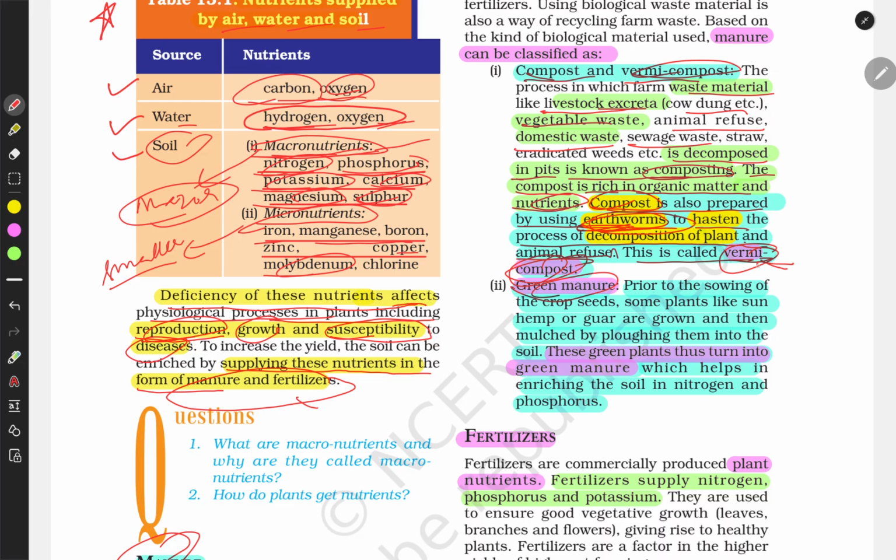Vermicompost contains more nutrition for the plants compared to simple compost.